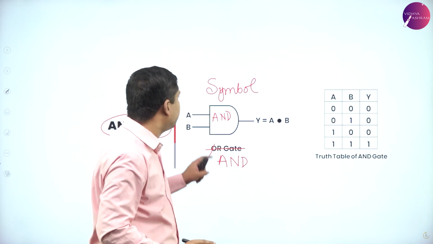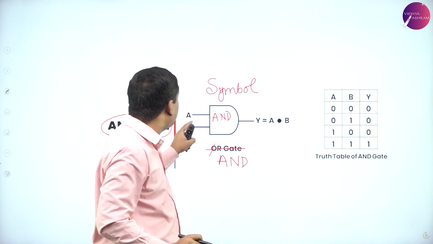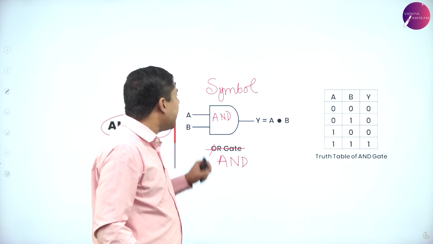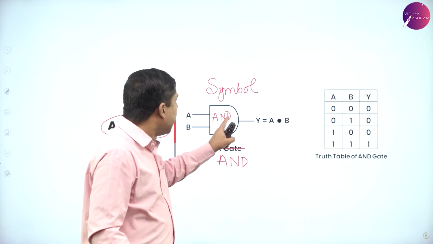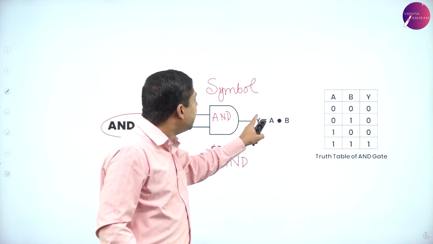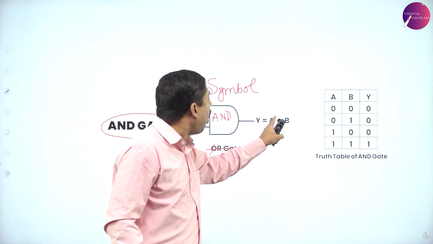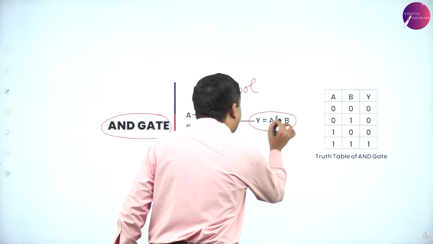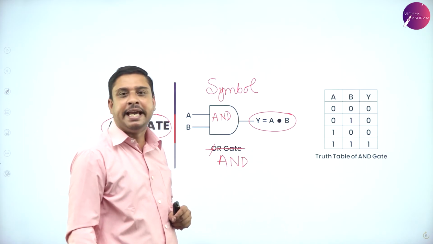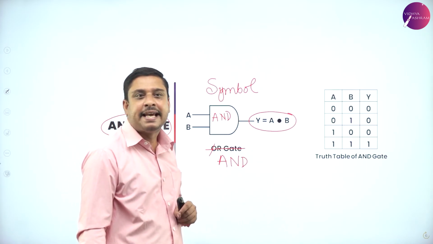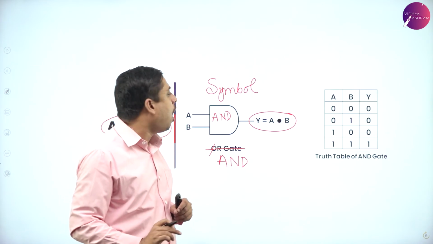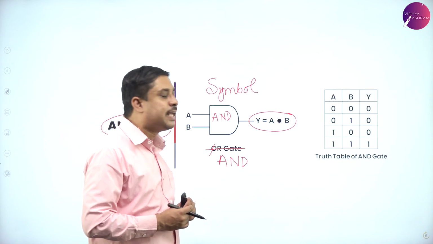Again, if you see, there are two inputs, A and B, and the output is A dot B. Now, you don't read this as A dot B, you read this as A and B.